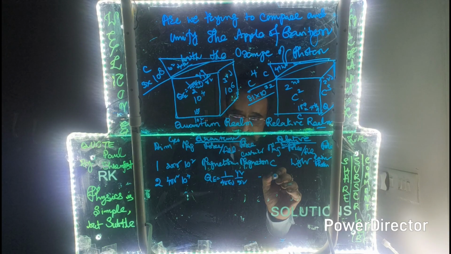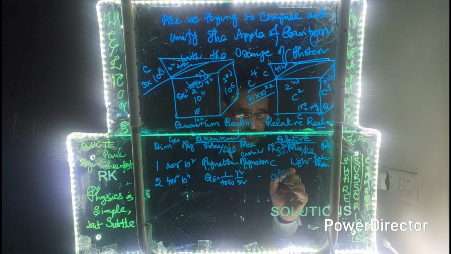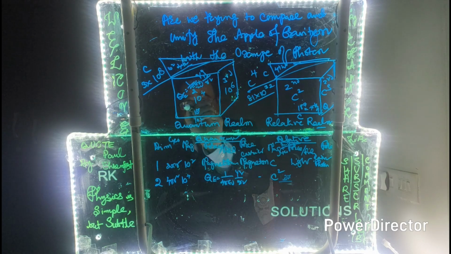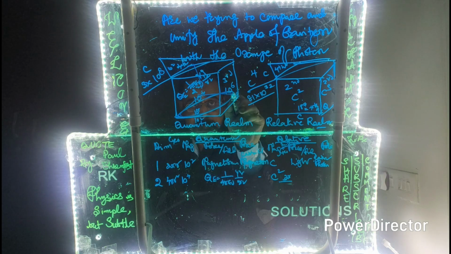Here we took C square, and geometry also will include. Geometry will be naturally 2R basically. 2R is the diameter of this circle. If first we start with this circle, this is the circle, only 2 pi r.